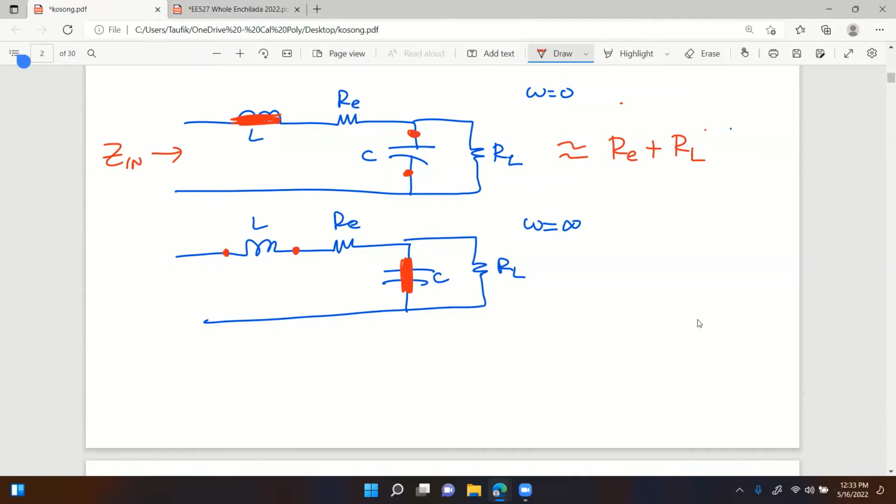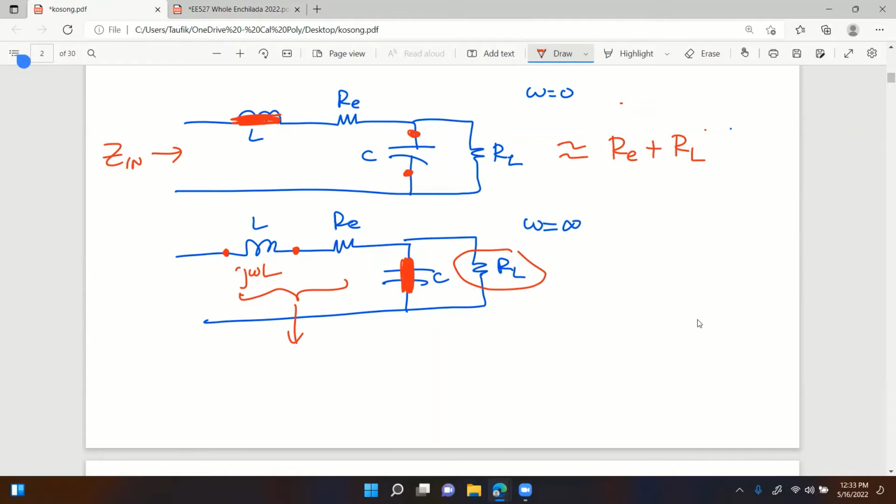But in the process of going to infinity, as you are increasing the frequency, the series combination of RE and L becomes the most dominant components. RL is practically out of the picture because it is shorted by C. So as you are increasing the frequency, these two become more and more dominant.